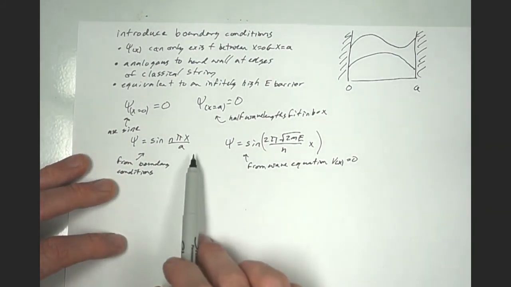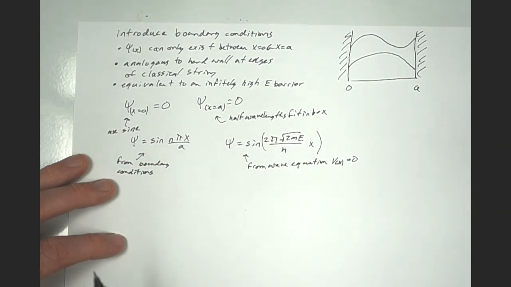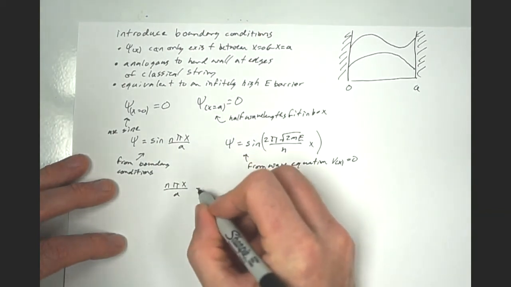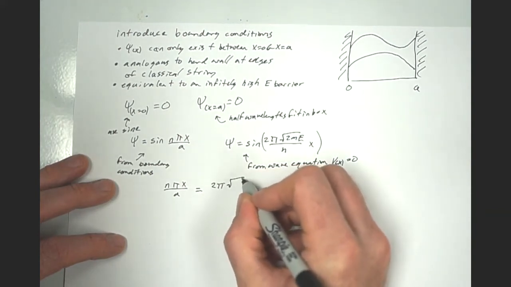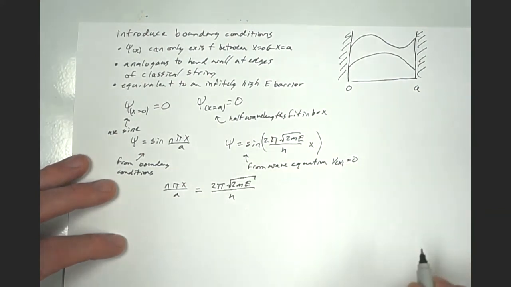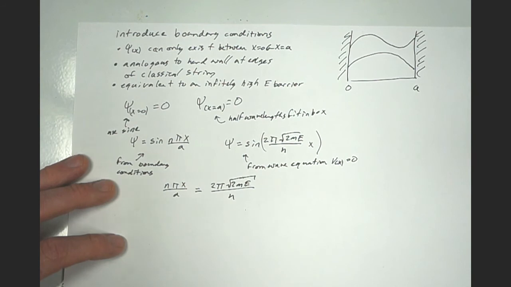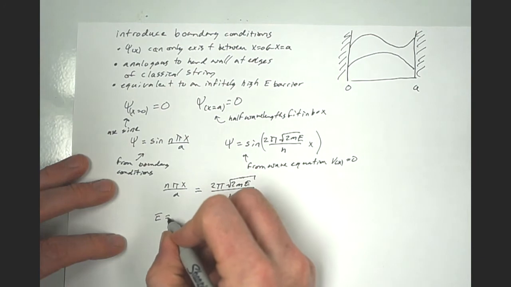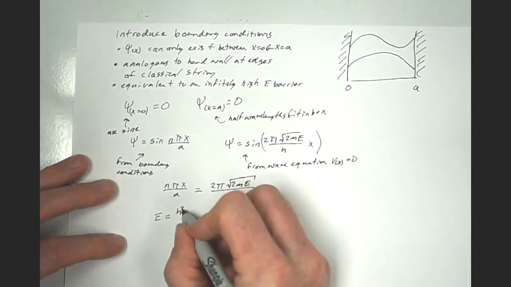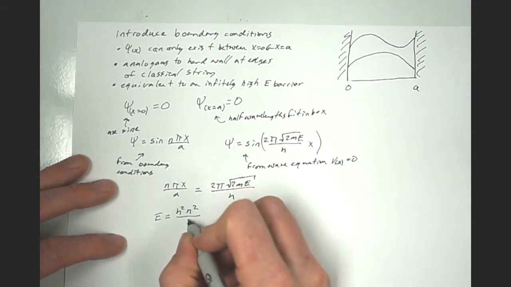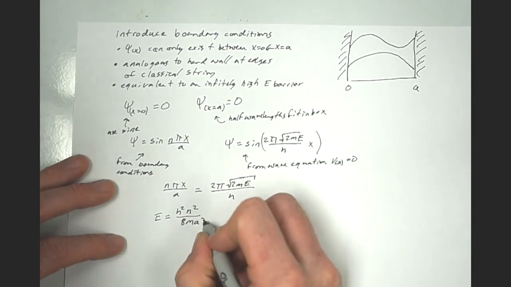So if we want to solve for energy, we can just set these equivalent to one another, and we'll see n pi x over a equals 2 pi root 2mE over h times x. Well, if that's the case, we can solve for our energies, and with a little bit of rearranging, our energies are given by h squared n squared over 8 m a squared.